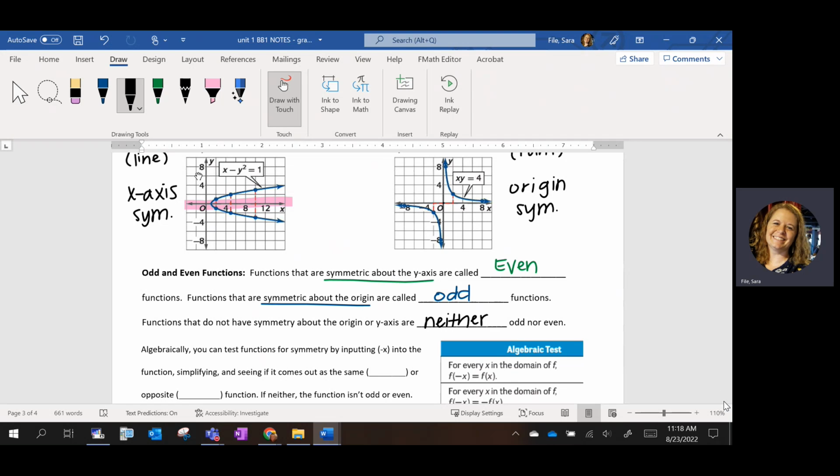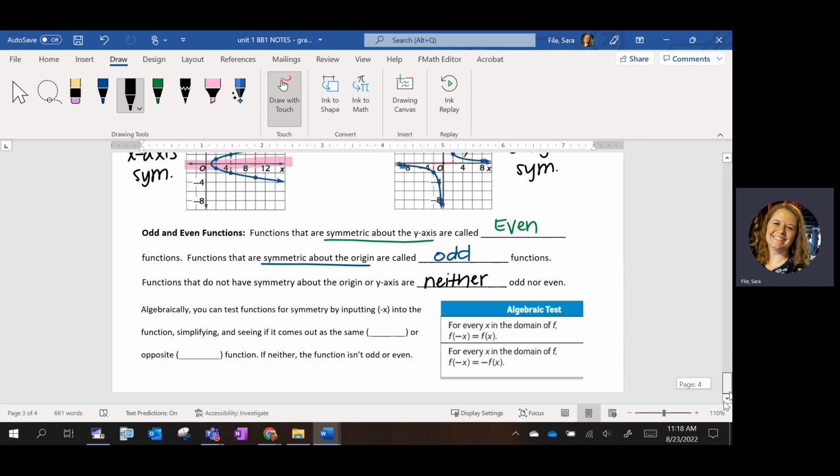Algebraically, there is a test if you have the equation instead of the graph, so you can't visually see if it's symmetric about the y-axis or the origin. You could use this algebraic test, plugging in a negative x into the function.